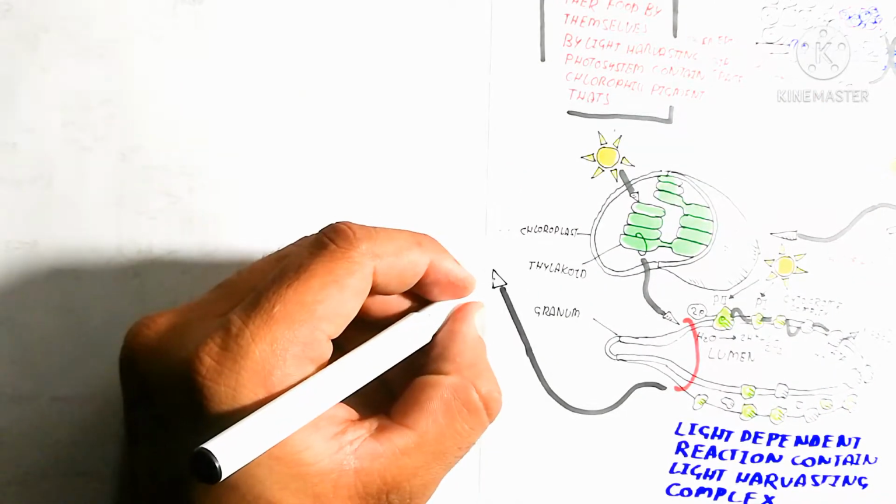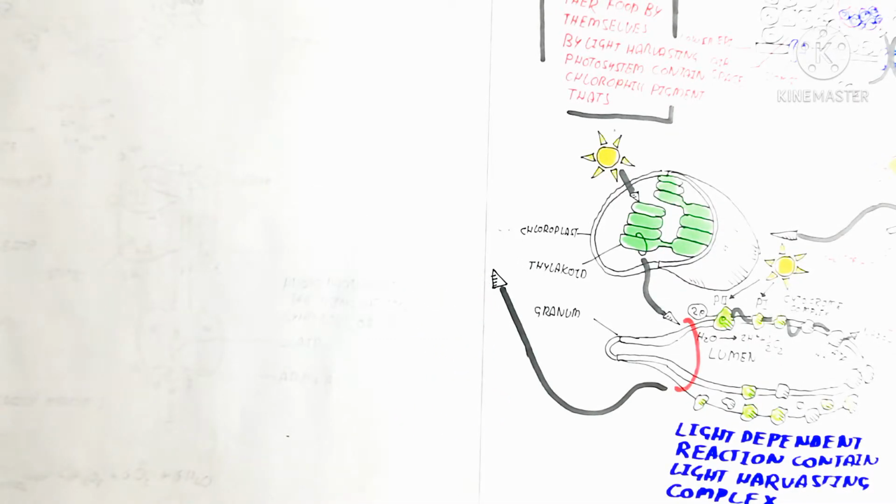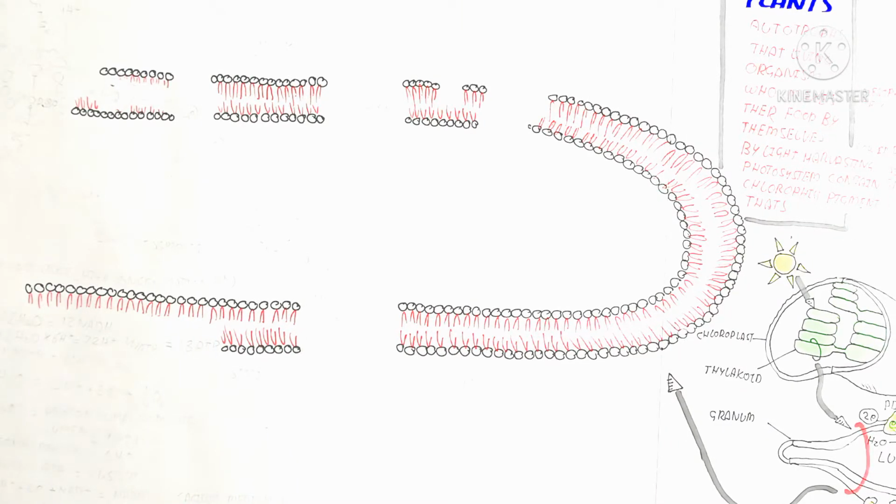Next, we will discuss the whole mechanism in the thylakoid membrane, where the lumen and the cell membrane are basically here. This is the thylakoid membrane, looking like this, and it contains many complexes.